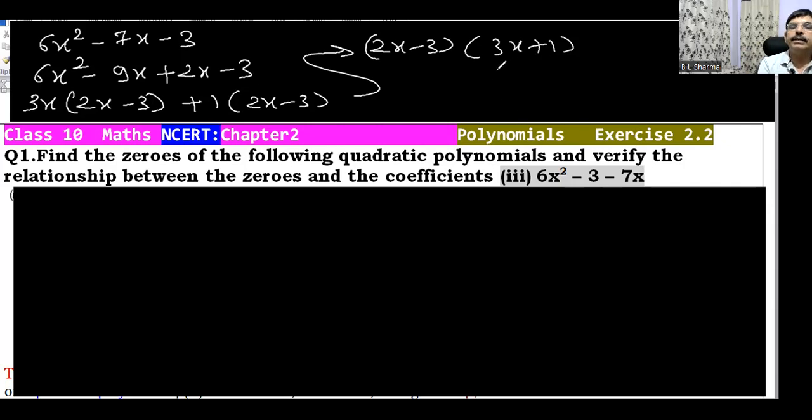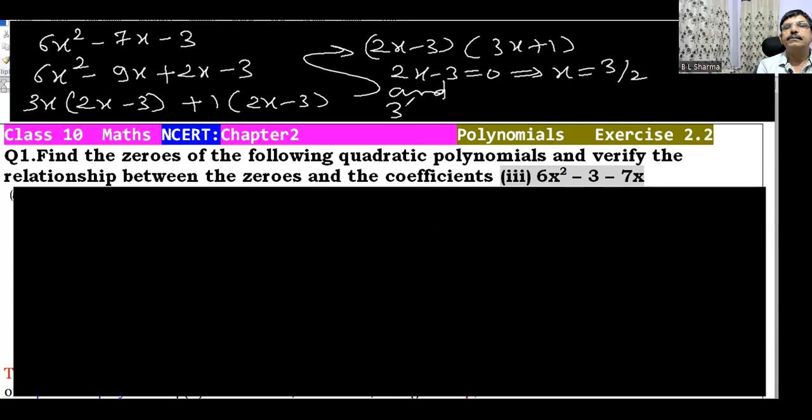And now, to get the zeros, putting each factor equal to 0. See, 2x minus 3 is equal to 0, so x is equal to 3 by 2.